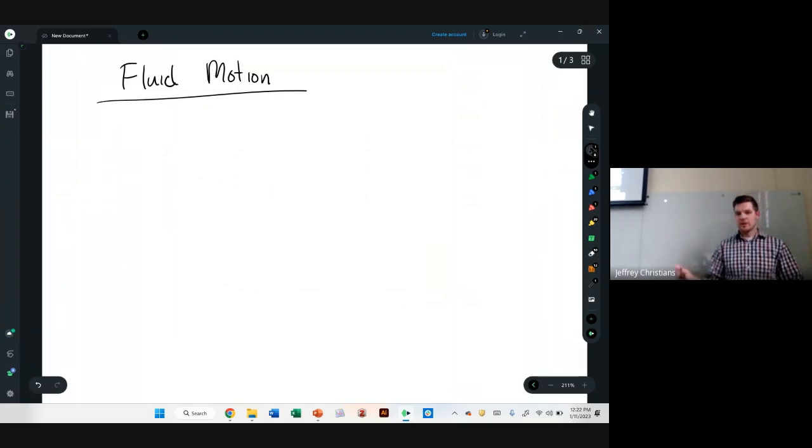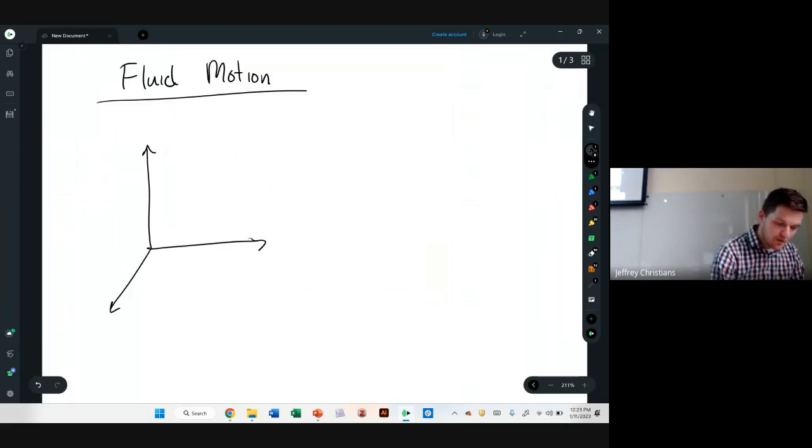So in general, fluids are not always stationary. We'll deal with when they are, but if they're moving, we can describe the movement by a velocity field. So what do we mean by that? If we have something like this, we have coordinates x, y, z.